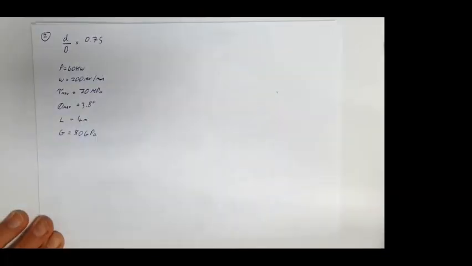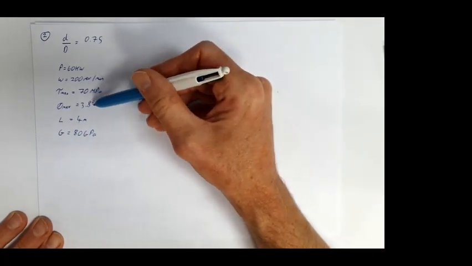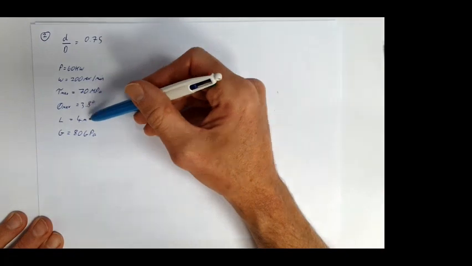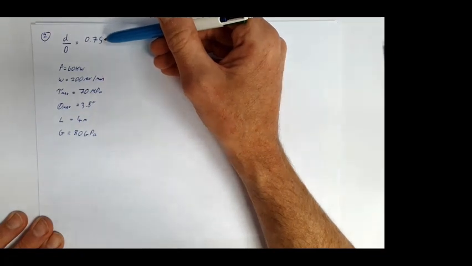So we need to consider those two conditions. The first condition is that our maximum shear stress is 70 megapascals. The second condition is that the maximum angle of twist is 3.8 degrees over this 4 meter length. And our ratio of diameters is 3:4, 0.75.